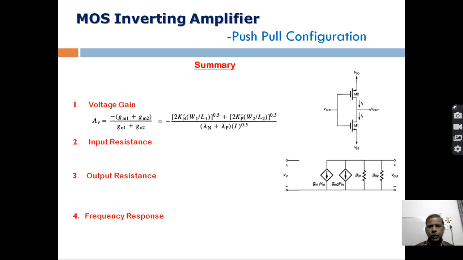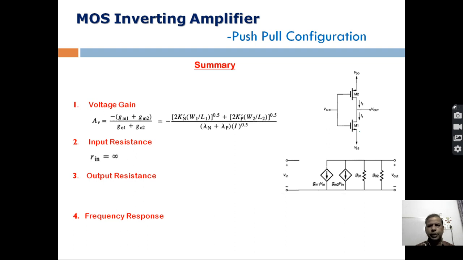For a given technology, Kn and lambda are constant, so the gain depends on the W by L ratio of both these devices, and also on the zero-signal current flowing through these devices.